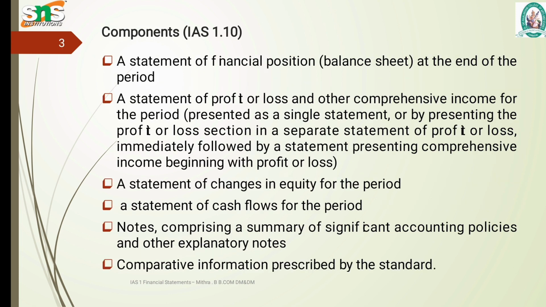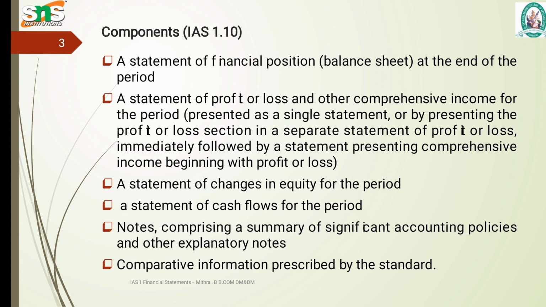Components of IAS 1.10: a statement of financial position, balance sheet, at the end of the period; a statement of profit or loss and comprehensive income for the period, presented as a single statement or by presenting the profit or loss section in a separate statement of profit or loss, immediately followed by the statement presenting comprehensive income beginning with profit or loss.